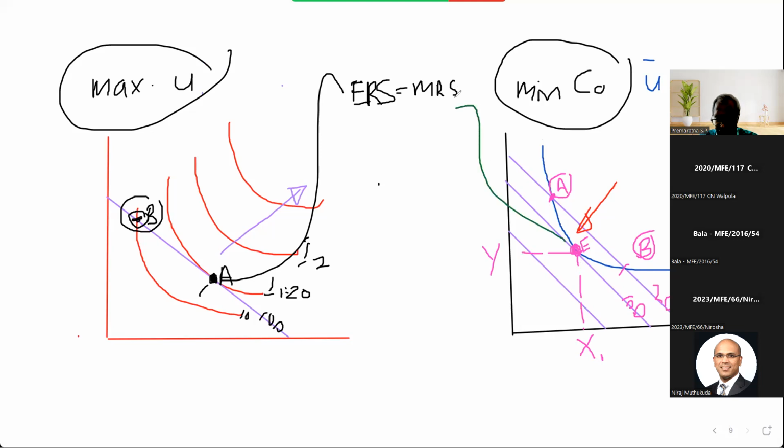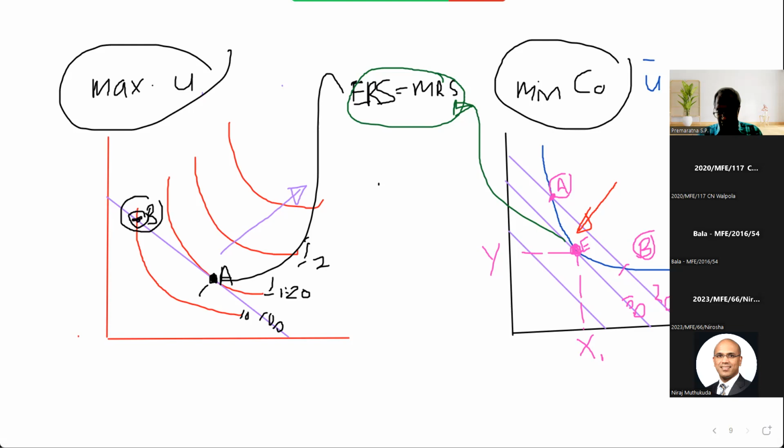So it is the same condition. It doesn't matter whether you maximize your utility given the budget or minimize your expenditure given the satisfaction, because ultimately you reach the same optimal level. We call this duality: with maximization or minimization, you get the same result.